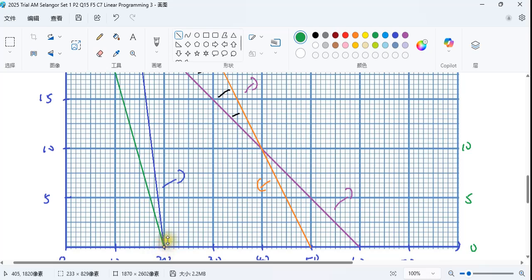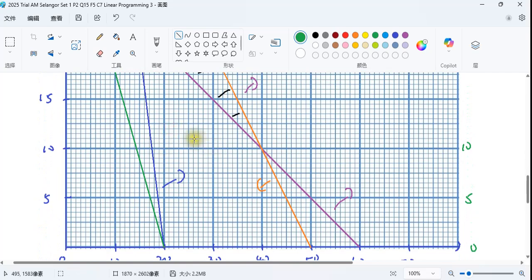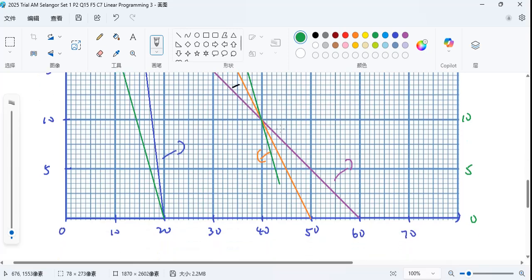This is the profit function. And then we move it until the last point, which will be this. So the maximum profit will be at 40, 10.